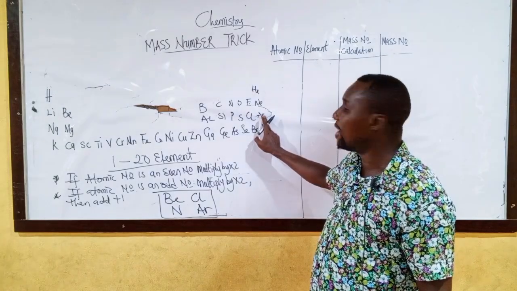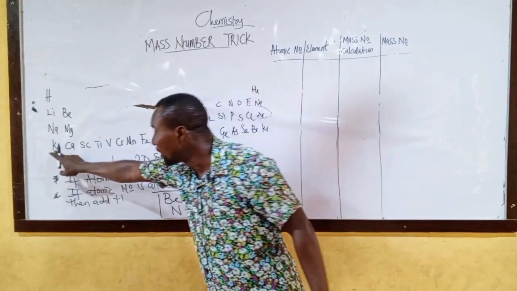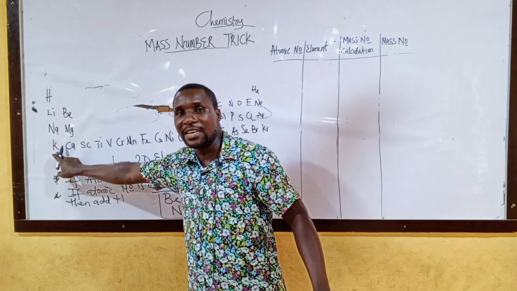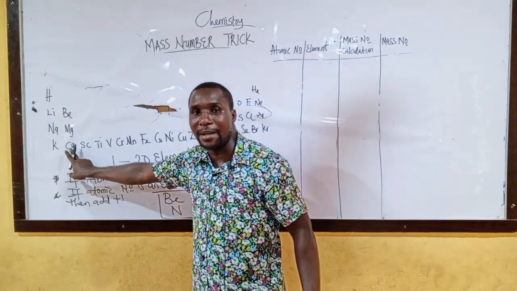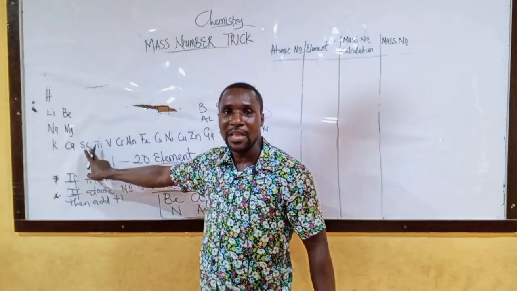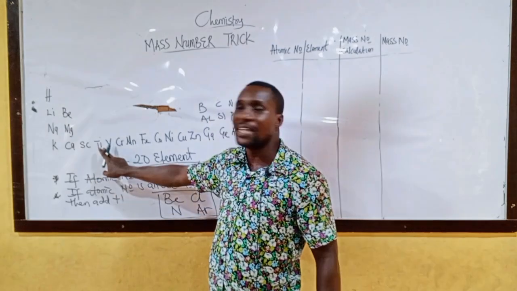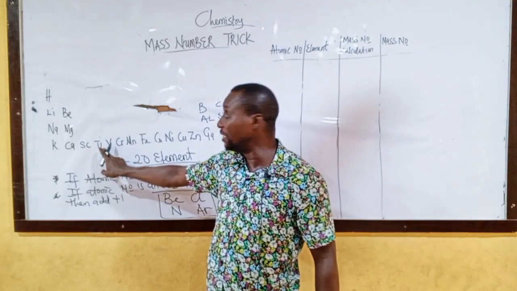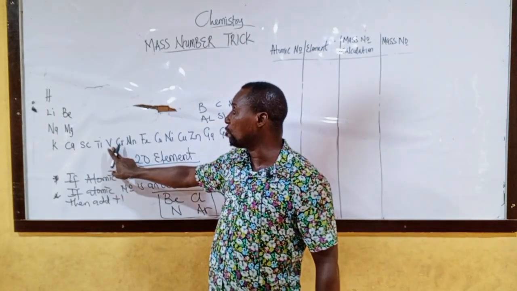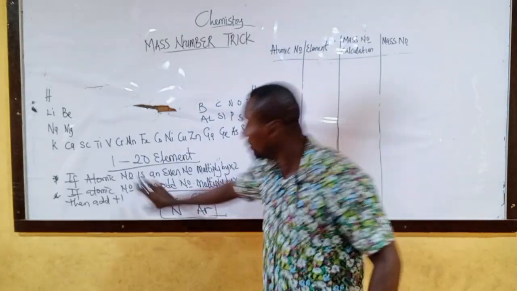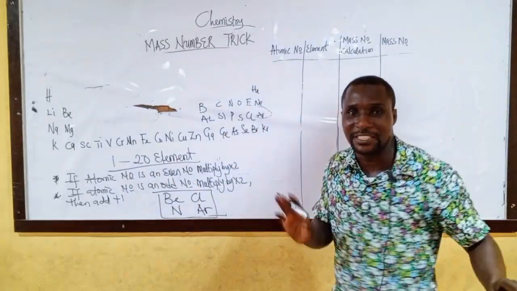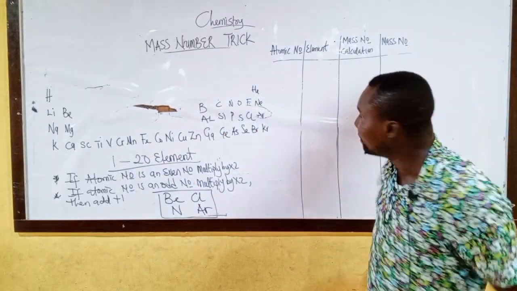Argon atomic number 18. Potassium atomic number 19. Calcium atomic number 20. Scandium atomic number 21. Titanium atomic number 22. Vanadium atomic number 23. But this rule is for the first 20 elements.